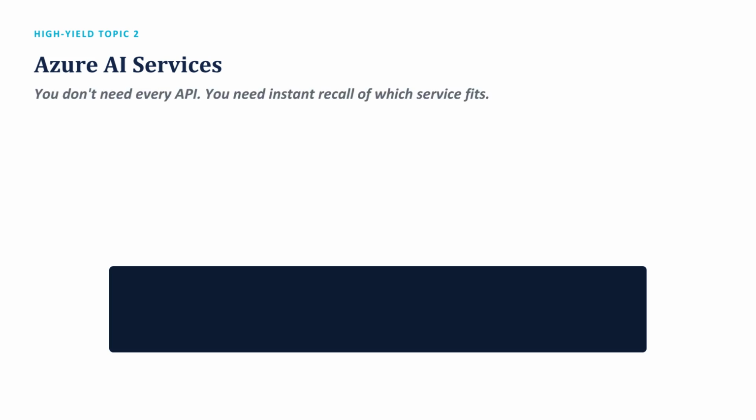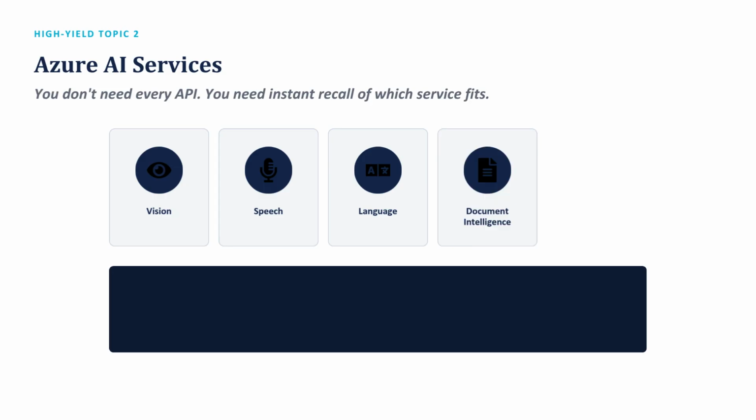The second topic is Azure AI Services. You do not need to remember every API or feature. You just need to understand which Azure AI service solves which problem. Focus on these five services: vision, speech, language, document intelligence, and Azure OpenAI. For example, if you need to extract data from hundreds of invoices, use document intelligence.